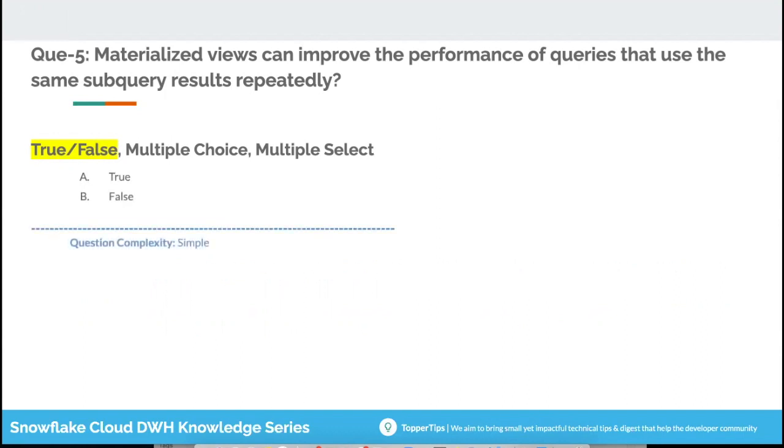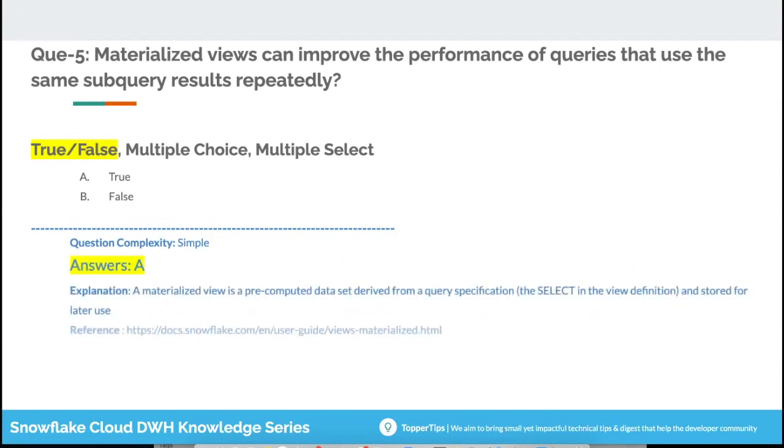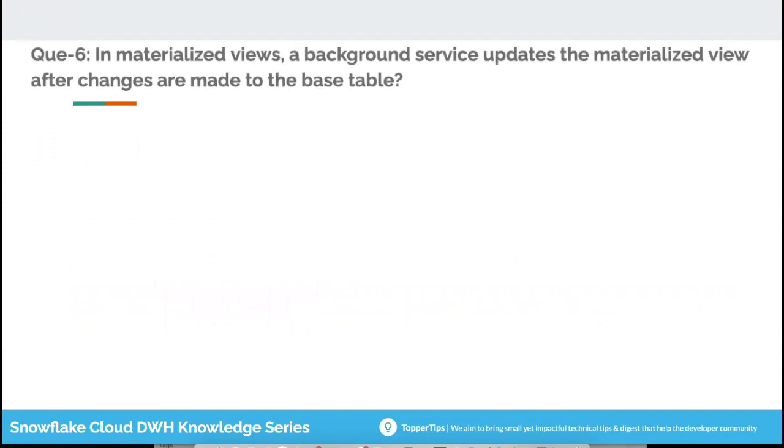Fifth question: materialized views can improve the performance of queries that use the same subquery results repeatedly. This is also a true or false question. Question number 6: in a materialized view, a background service updates the materialized view after changes are made to the base table. So try to attempt it.